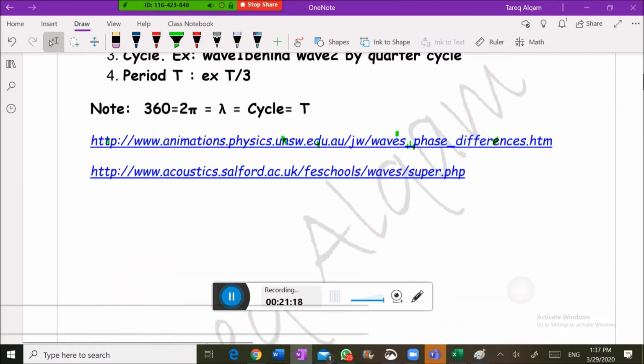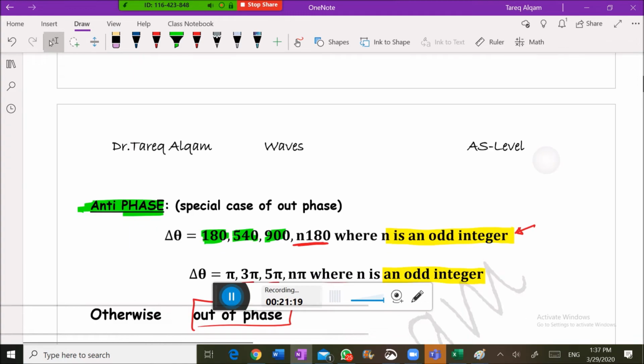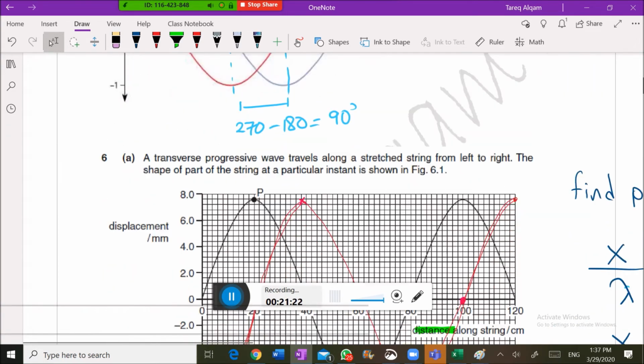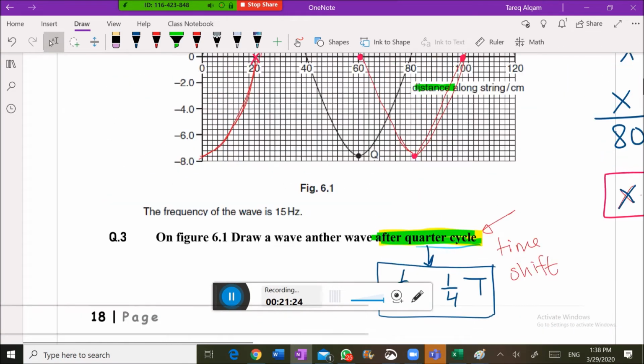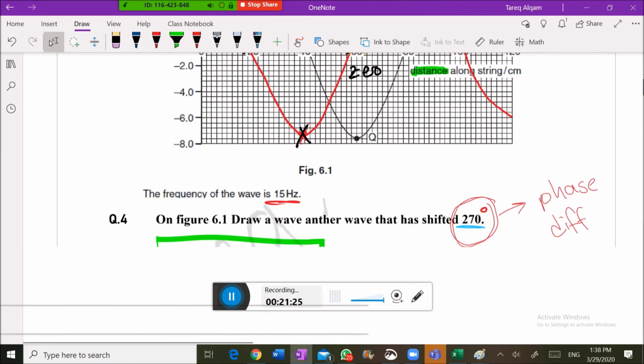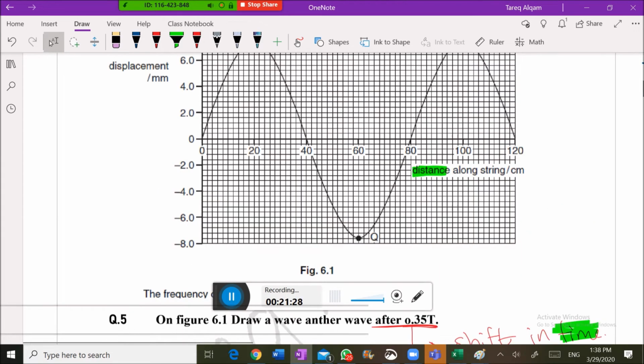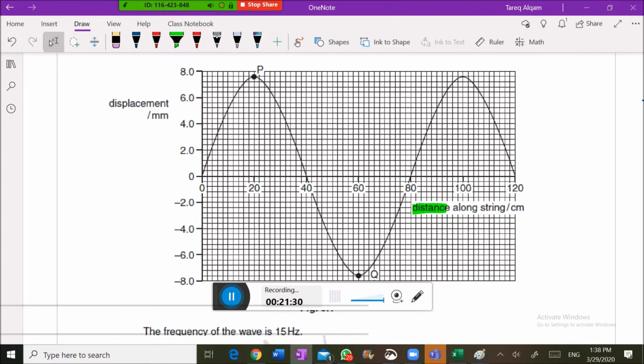Okay. Let me show you this. Okay, guys, look here, please. Let me consider this wave. This is a displacement versus distance graph.